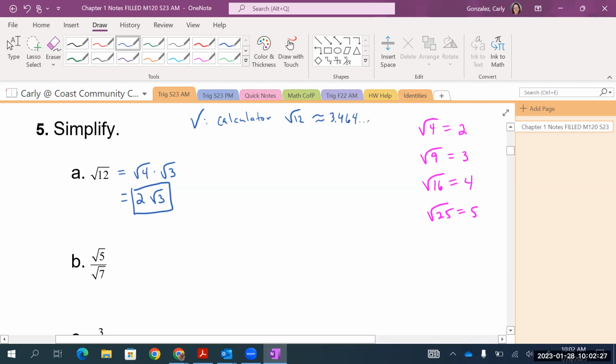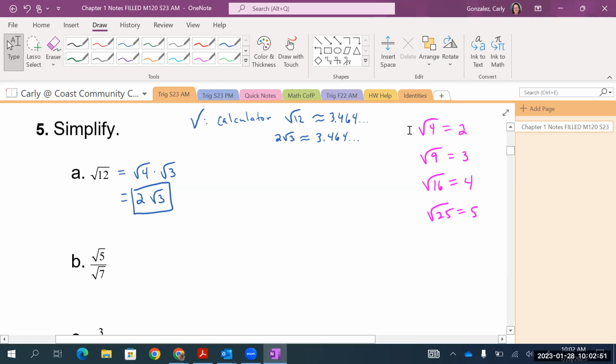It keeps going. But if I also put in 2 times the square root of 3, it will also give me that exact same approximation. So here we see that the calculator shows us they are giving us the same decimal approximations.